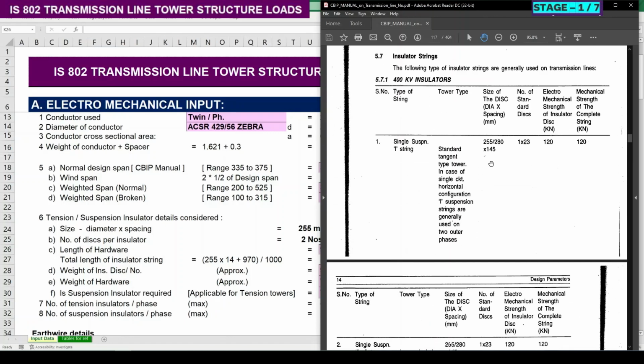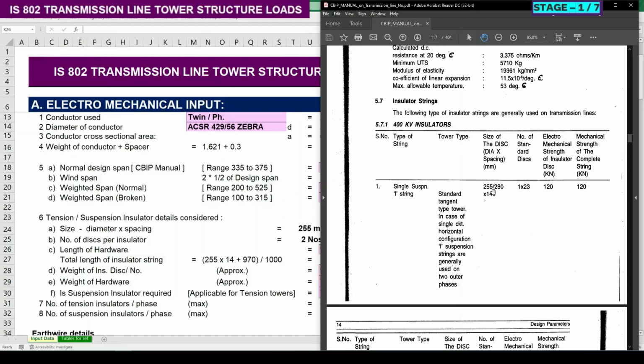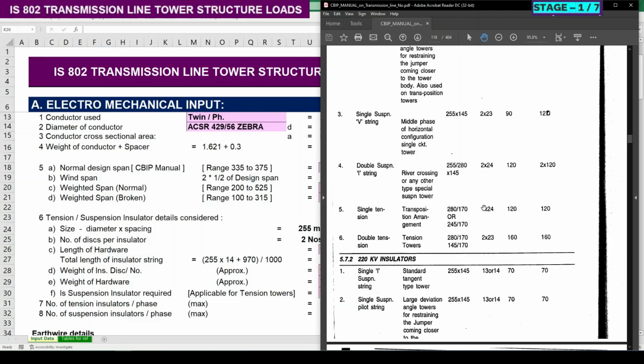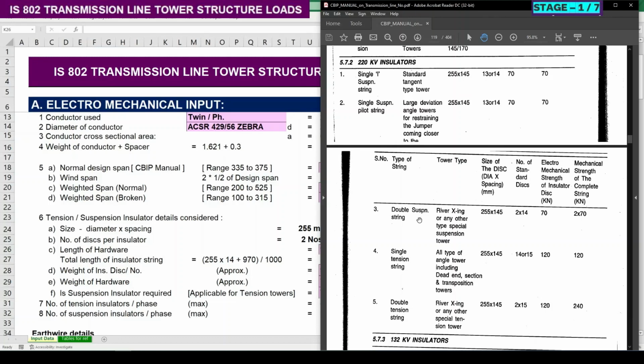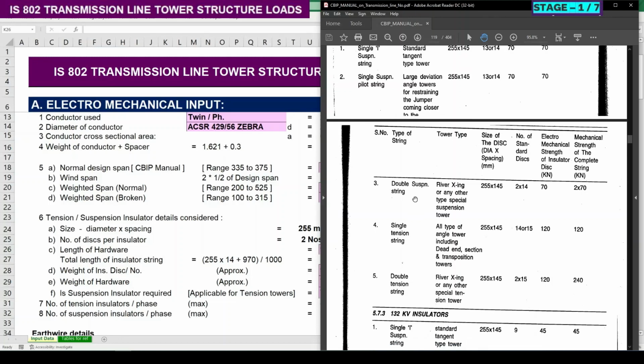Based upon that, the size, number and spacing between the insulator discs are provided in this table. For us it is 400 kV, sorry, it is 220 kV. For the 220 kV insulator we are designing a double circuit, sorry, it is a twin type of conductor.